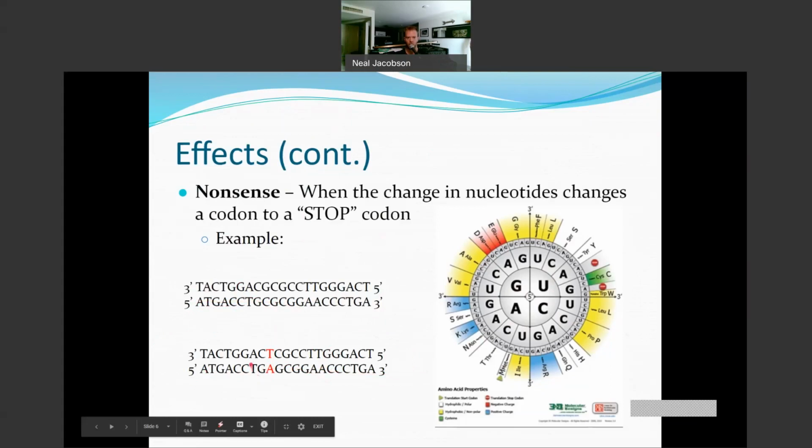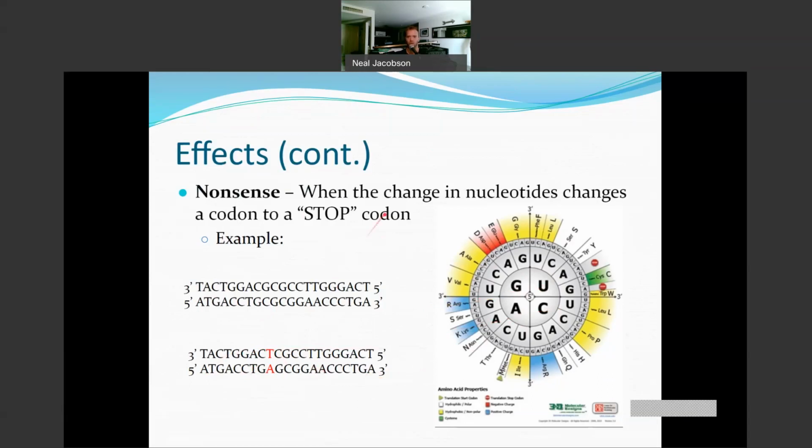And then instead of UGC, it becomes UGA. Well, look at that. If I'm a ribosome and I'm reading UGA, boom, stop. Translation stops right there. So you get a polypeptide that's only 2 amino acids long instead of the full 5 or whatever we were doing. Okay, so that's a nonsense.